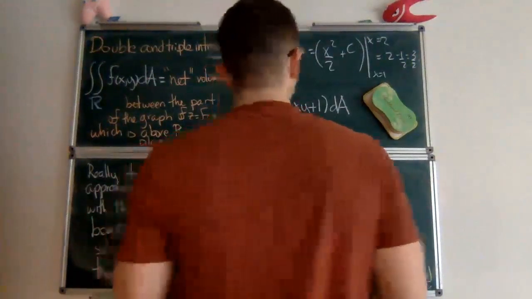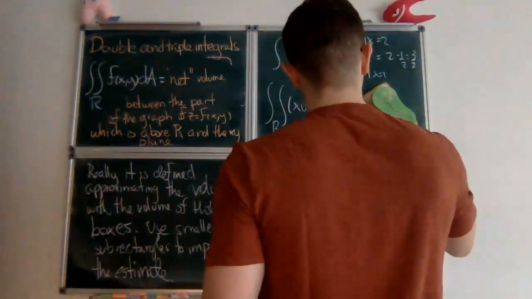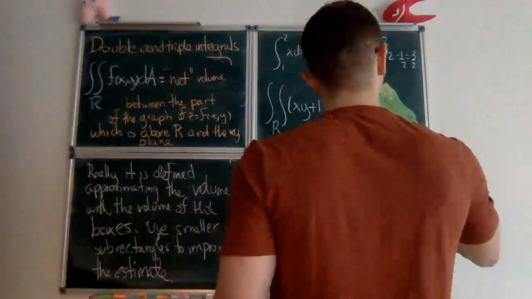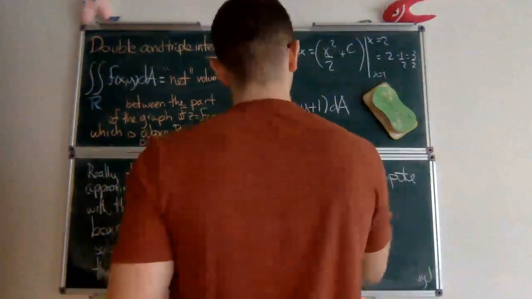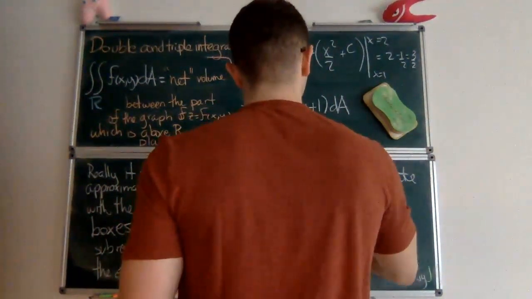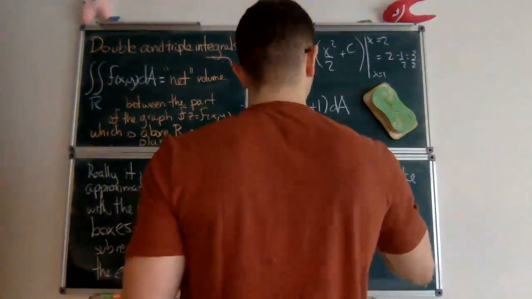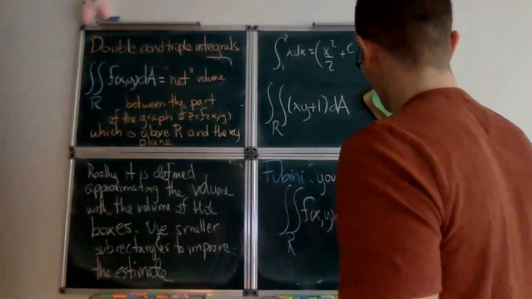So the idea of Fubini is that you can compute this by doing some partial integrals.